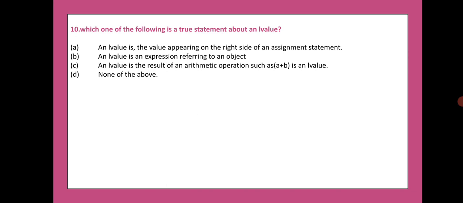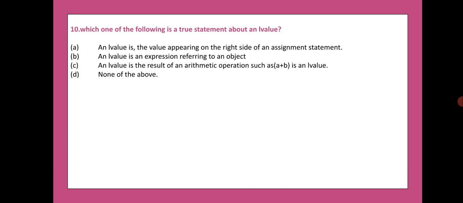D. None of the above. See, we discussed in our embedded C FAQs session exclusively about Lvalue and Rvalue. So there we know that an Lvalue is an object locator, an expression that designates an object, right? An example of an Lvalue is a pointer symbol and a variable named ptr, where ptr is any expression evaluating to a non-null pointer.